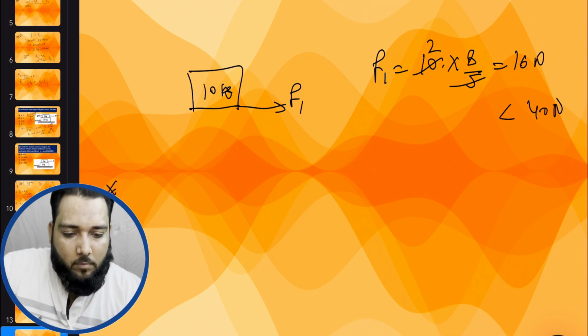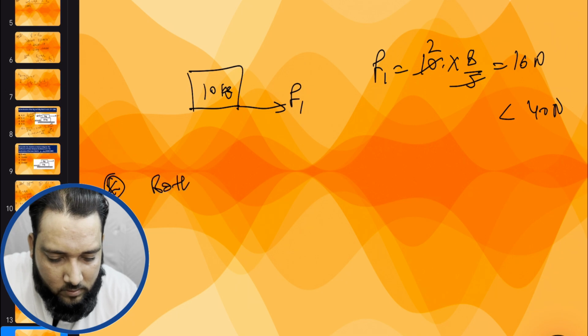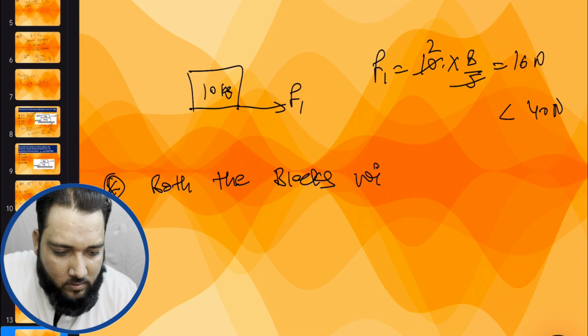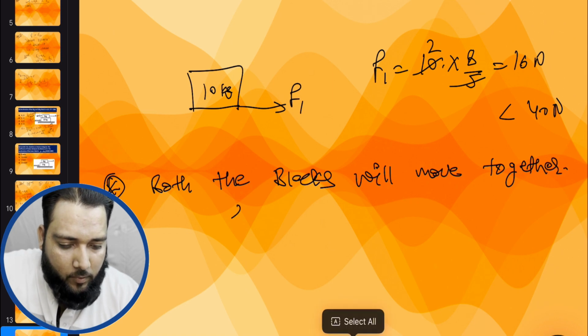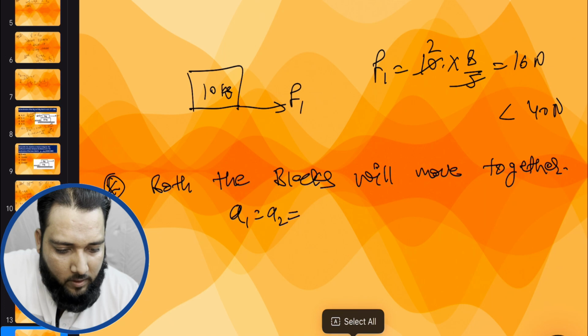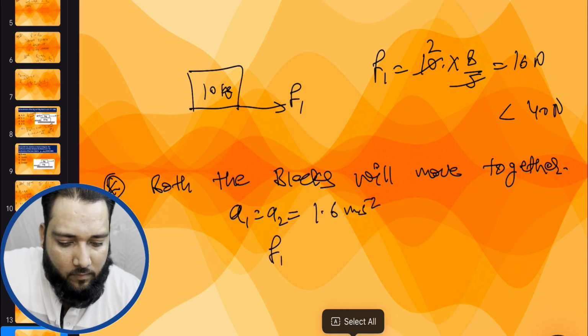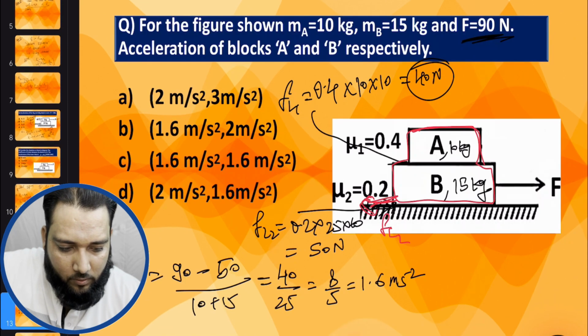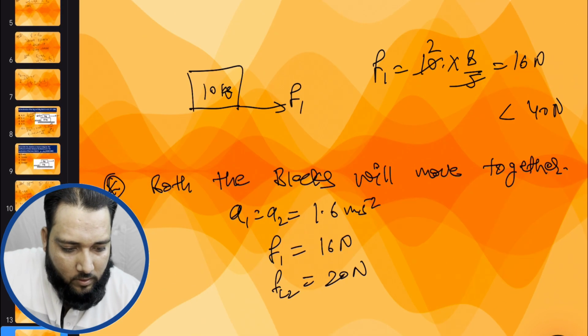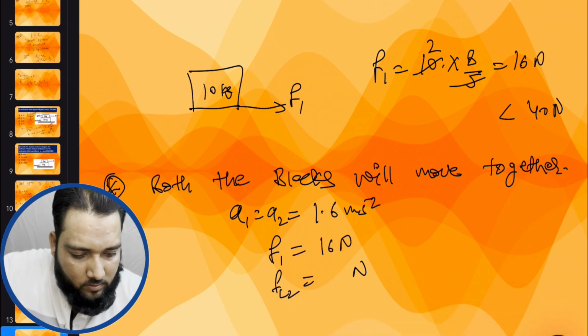So our assumption is correct. Both the blocks will move together. Are you getting my point? So A1 and A2 will be 1.6 meter per second square. And the value of friction F1 is equal to 16 Newton. FL2 is 50 Newton. Okay, so correct this one.